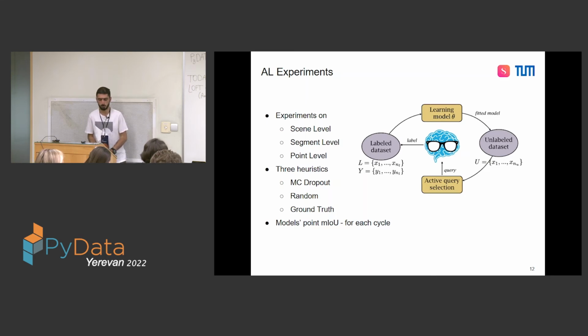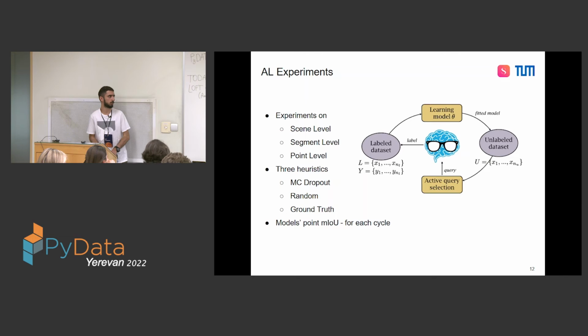And the final one is the ground truth heuristic. We can utilize the annotated ground truth of the scenes. If we are working at scene-level granularity, we can select the scenes where our model performs poorly.